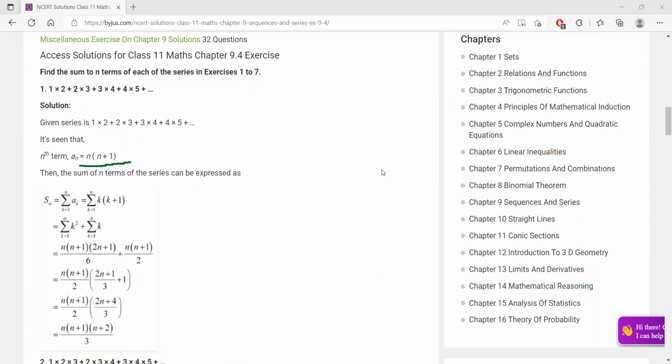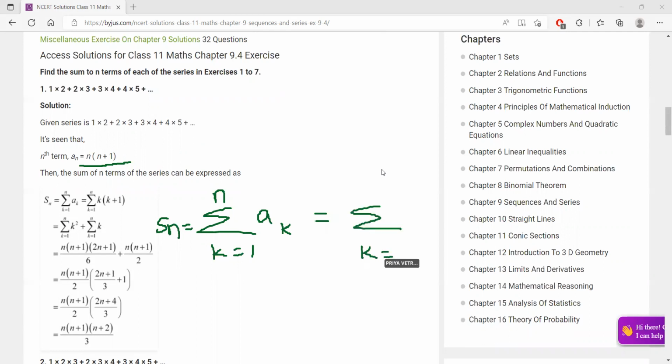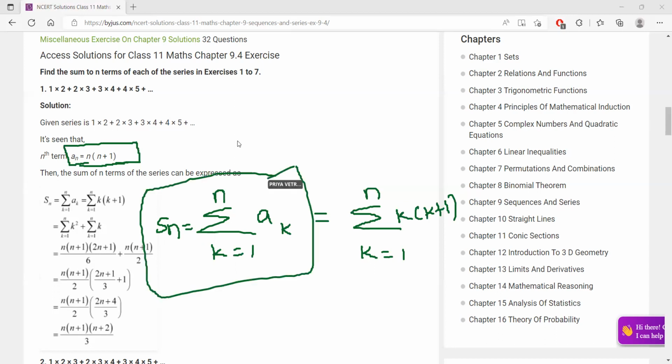So we have a formula: the sum of n terms is summation k equal to 1 to n of a_k, and you have to substitute a_k. You just have to write a_n in the form of k. It's n into n plus 1, which could be written as k into k plus 1. You're just substituting the value of a_k here. Can you follow?